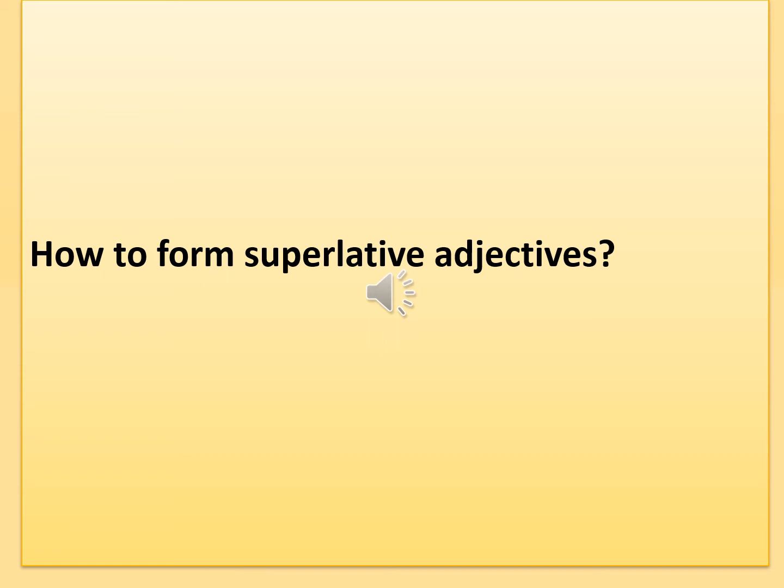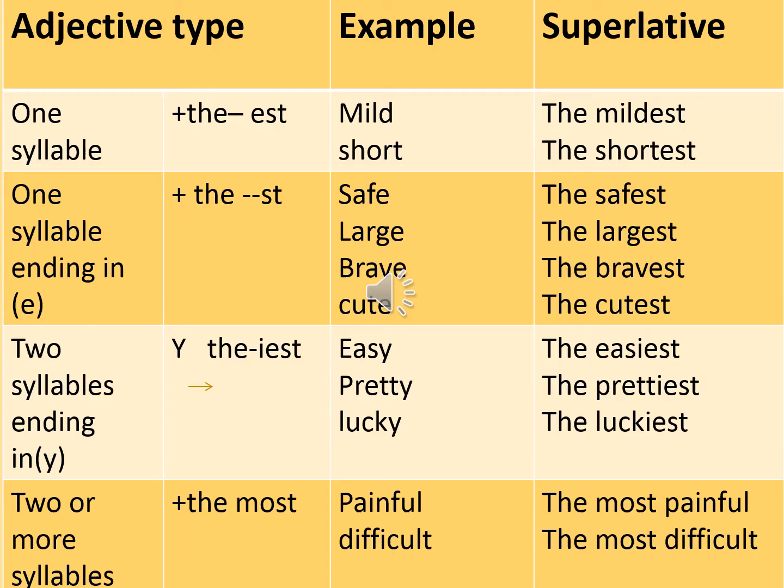Now, how to form superlative adjectives. Superlative adjectives can be formed by following this table. If the adjective has only one syllable, we add the before the adjective, then we add est. For example, mild, the mildest. Short, the shortest.